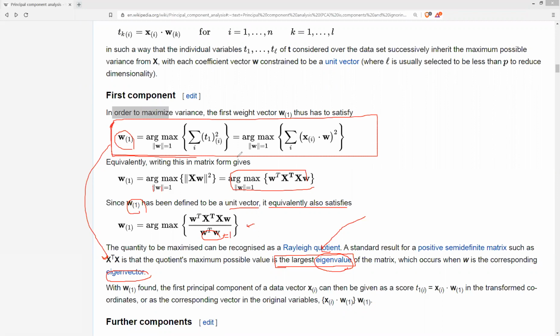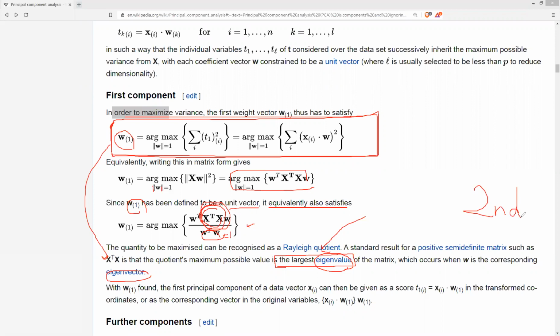Principal component is solving this problem, and an equivalent way to solve this problem is to get the largest eigenvalue of this matrix, and W is the eigenvector that corresponds to this largest eigenvalue. How about the second principal component?